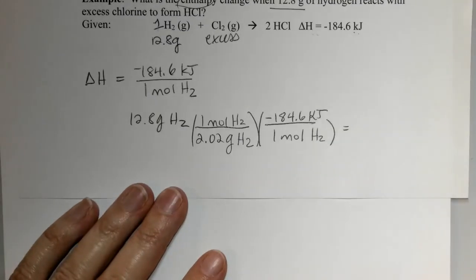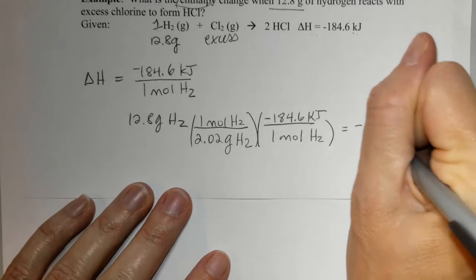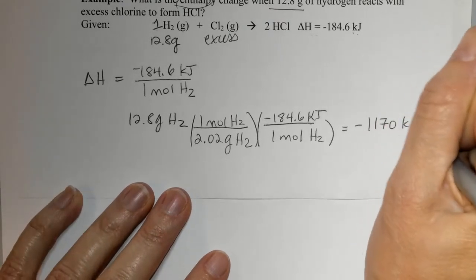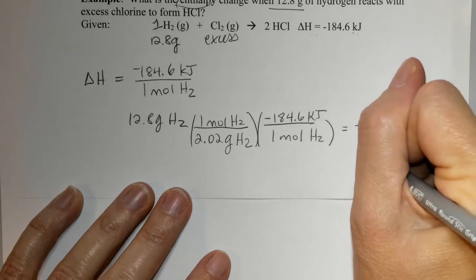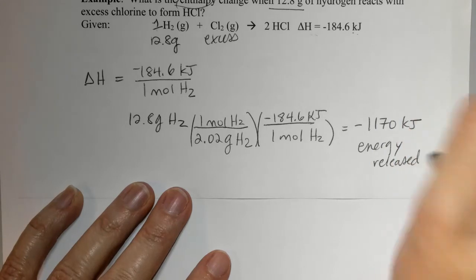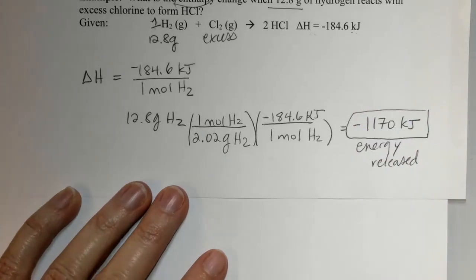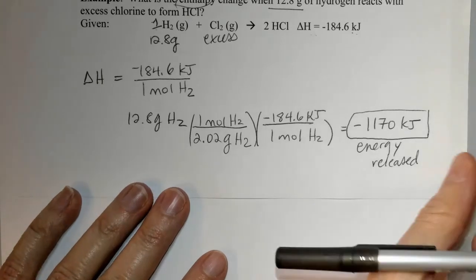So 12.8 divided by 2.02 times a negative 184.6. So we get a negative 1,170 kilojoules. And so that is energy that is released when that 12.8 grams of hydrogen goes through the reaction as listed with excess chlorine.